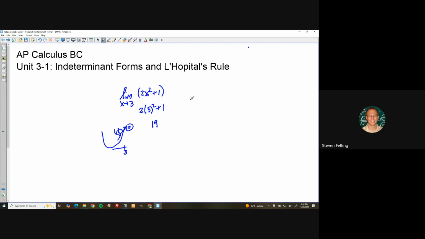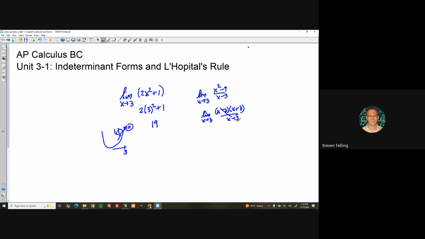But there are also other structures. Let's say you have the limit as x approaches 3 of x squared minus 9 over x minus 3. If you tried to plug that in, you would get a divide by 0 situation. But this one is fixable because you can factor the top and get x minus 3 times x plus 3 over x minus 3.